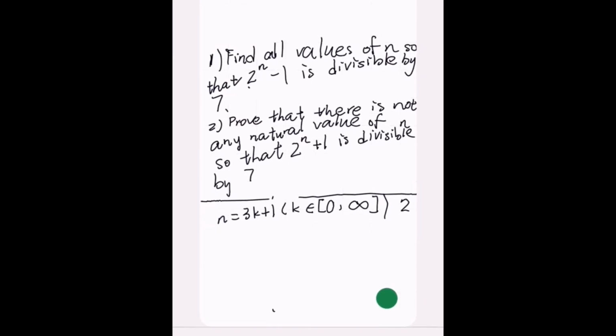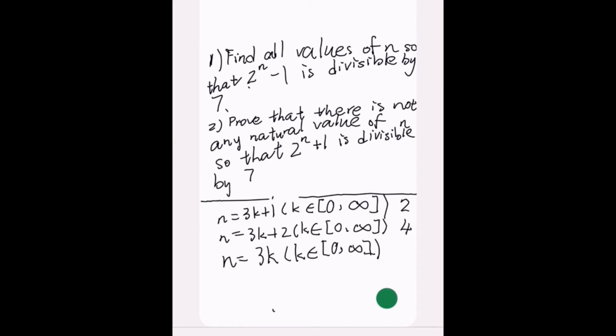So, when n is 3k plus 2 and k is from 0 to infinity, the remainder will be 4. And when n is equal to 3k, where k is in the range of 0 to infinity, the remainder will be 1.